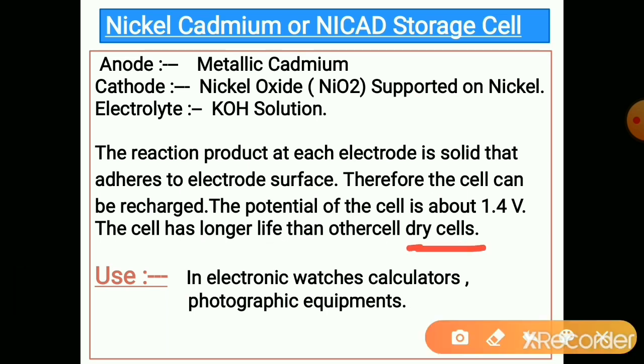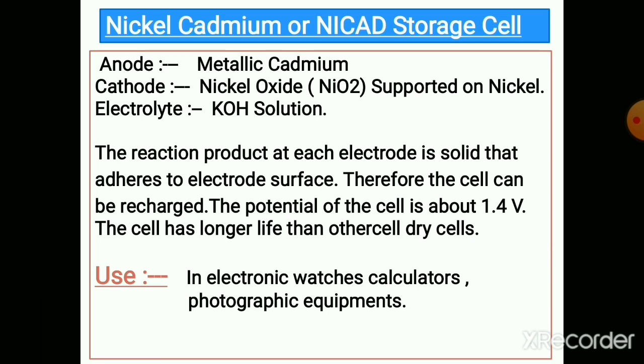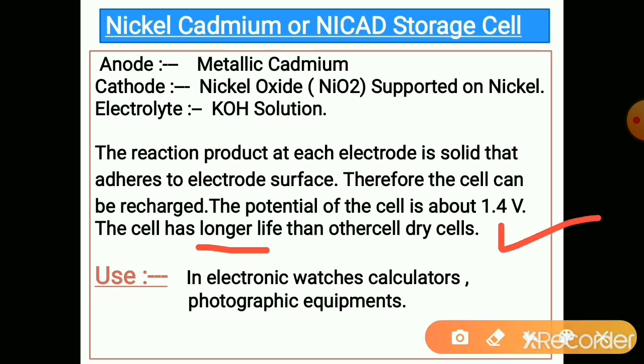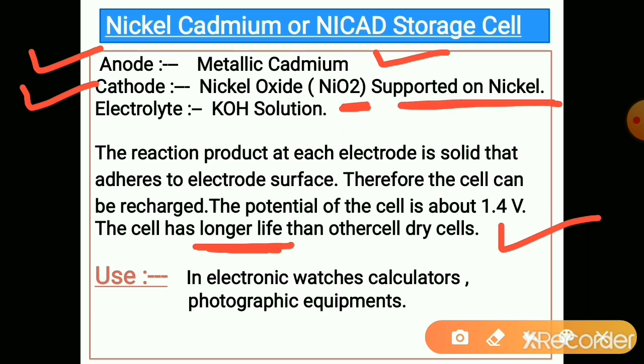Dry cells, once the chemicals get exhausted, need to be thrown out. They cannot be recharged. This can be recharged, so it has a longer life. Anode is metallic cadmium. Cathode is nickel oxide supported on nickel, and electrolyte is KOH solution.